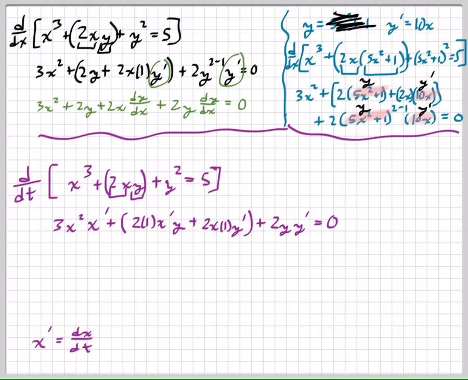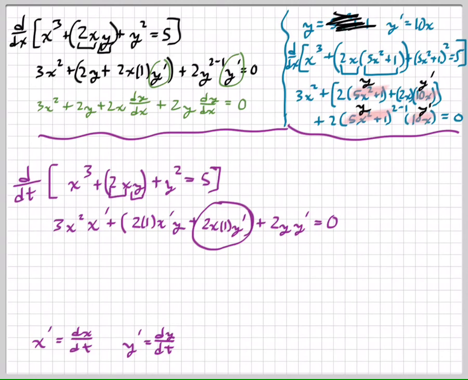So now the job is to get y prime alone. Don't forget y prime equals dy over dt. So if ever you get a problem that says solve for dy over dt, they mean get y prime alone. If we're going to solve for y prime, we have to acknowledge which terms have the y prime.